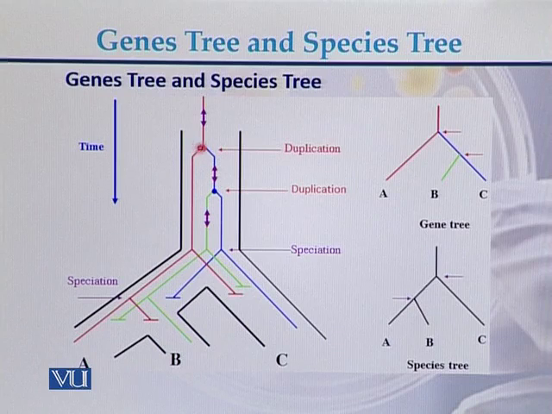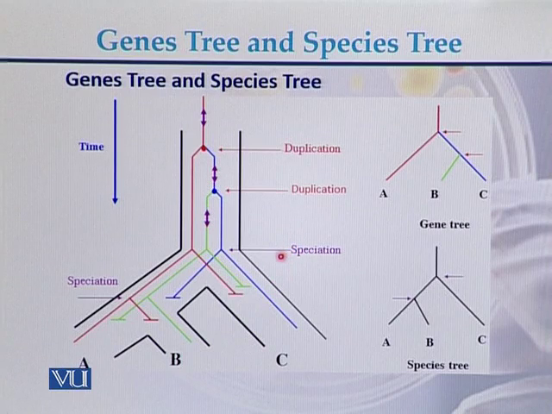Because this DNA was duplicated, and again it was duplicated here. So this red line, this green line, and this blue line represent the gene tree.